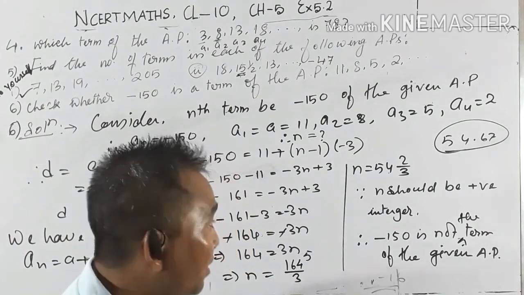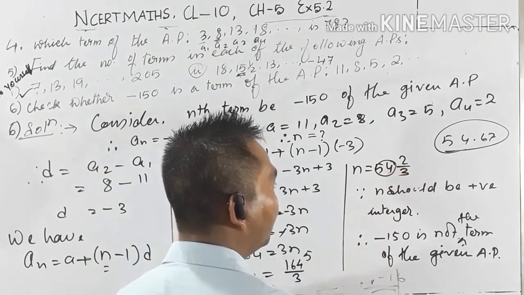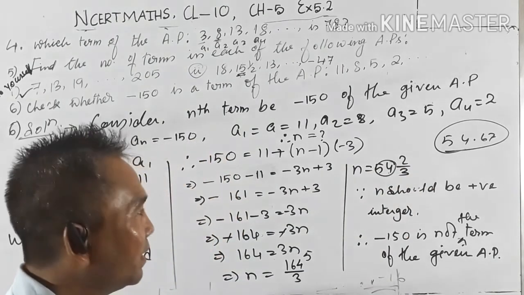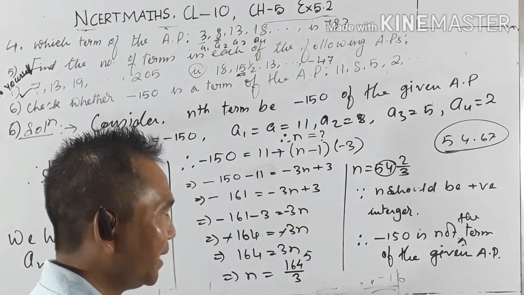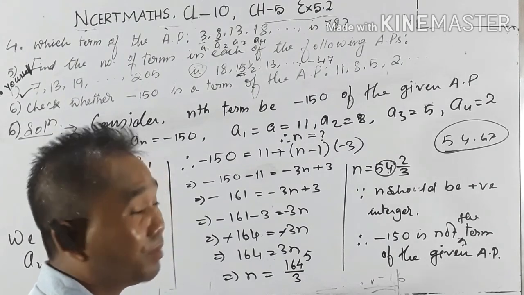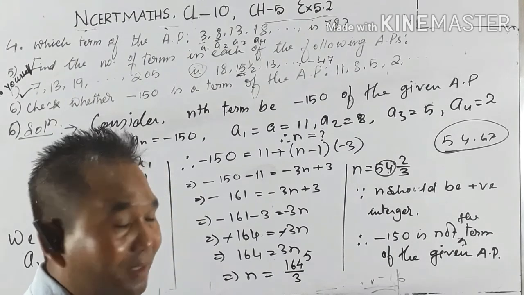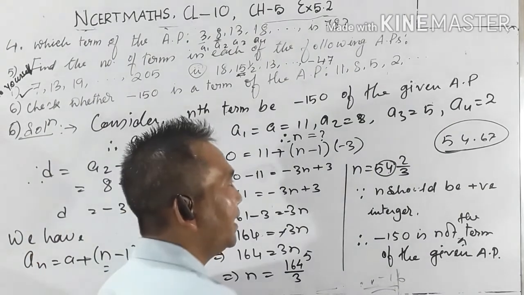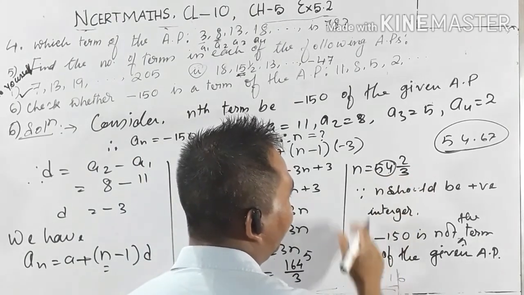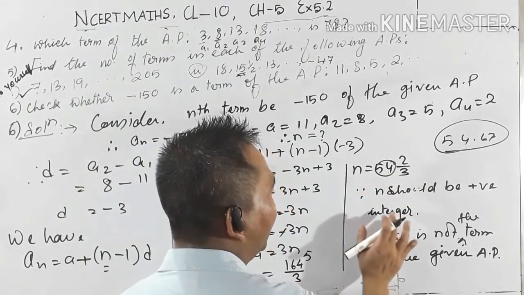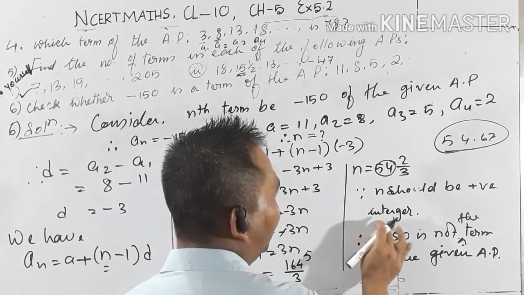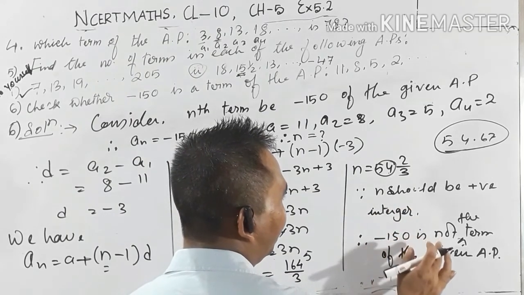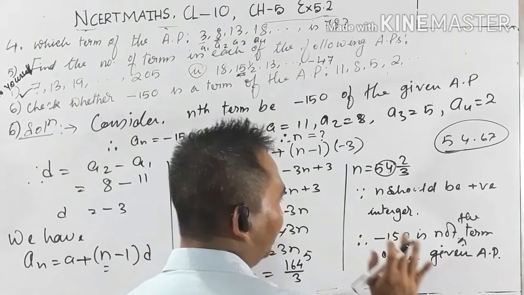Why is it not a term? This 54 is positive, but along with that there is a fraction, so it will be a decimal. It is a real number, but it is not an integer, because on calculating we get a decimal. If n equals 54, or suppose 100, then minus 150 would be considered a term of the given AP.